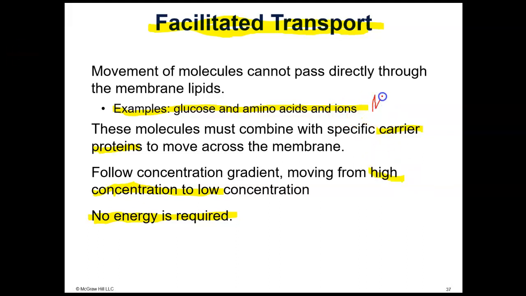An example of an ion would be Na plus, or potassium, which is K with a plus charge, or even negatively charged ions like chloride ions.